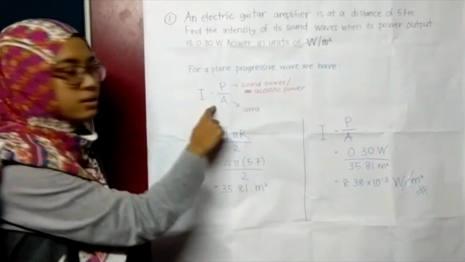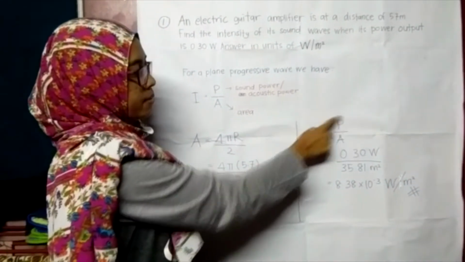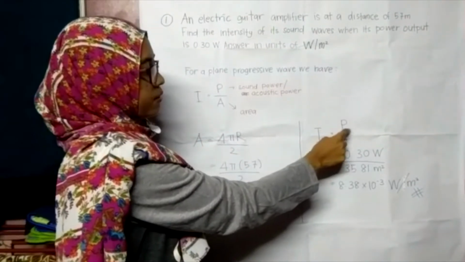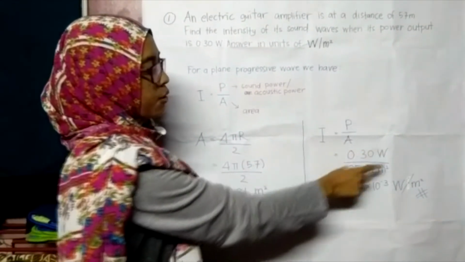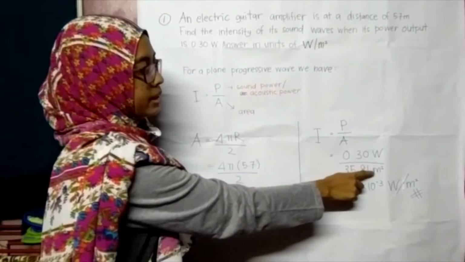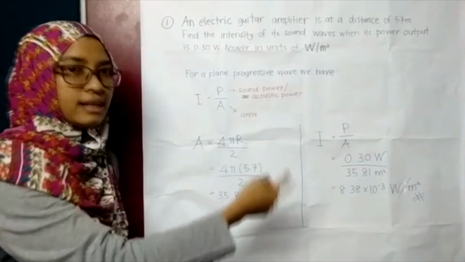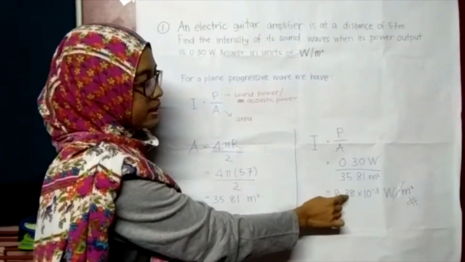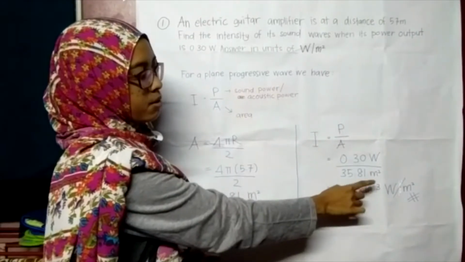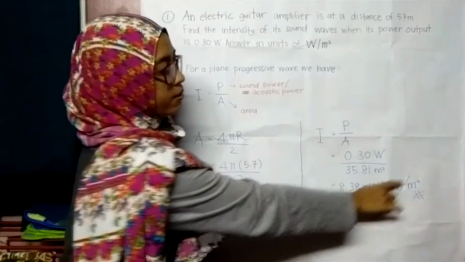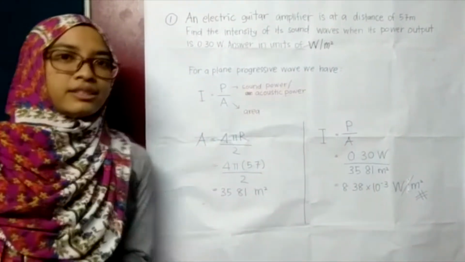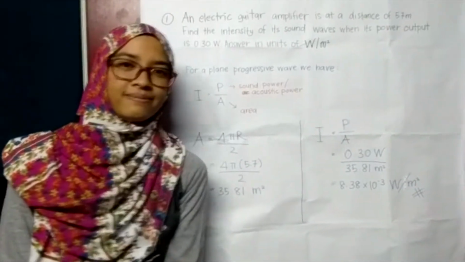Using this formula, I put the power of the sound, 0.3 volt, over 35.81 meter squared. And the final answer is 8.38 times 10 to the power of negative 3 volt over meter squared. That's all from me. Thank you.